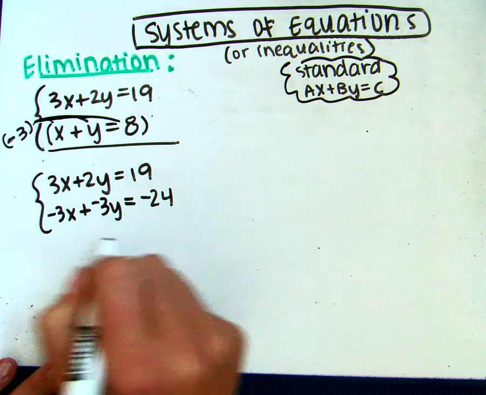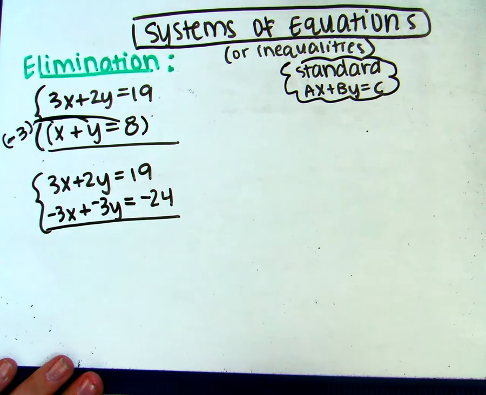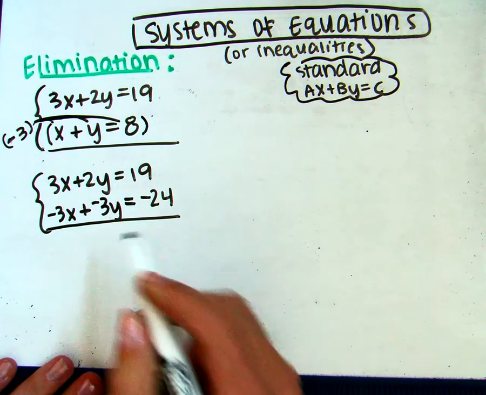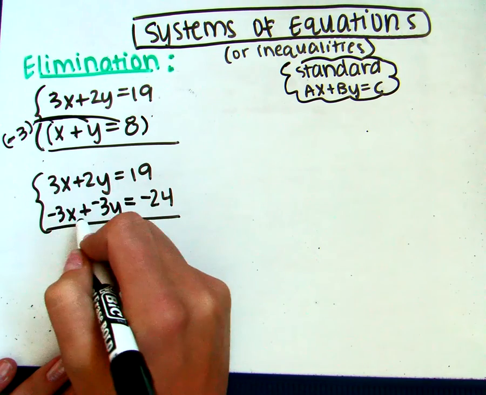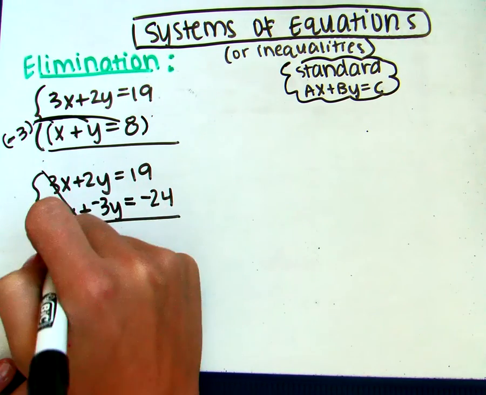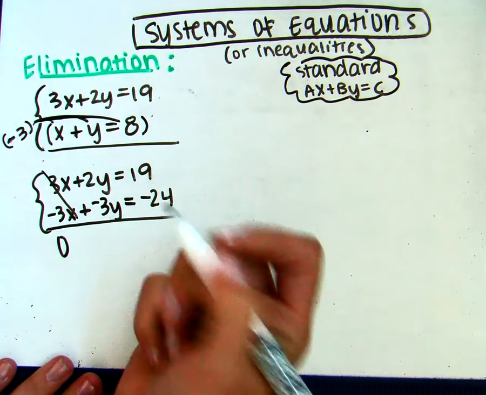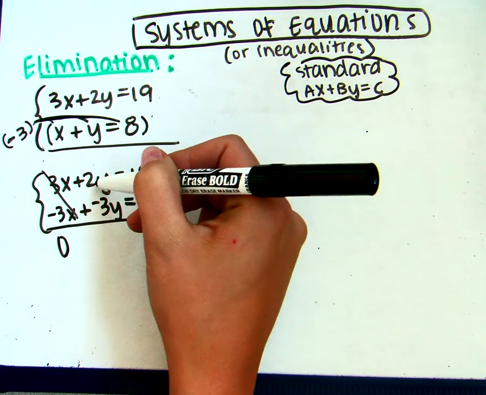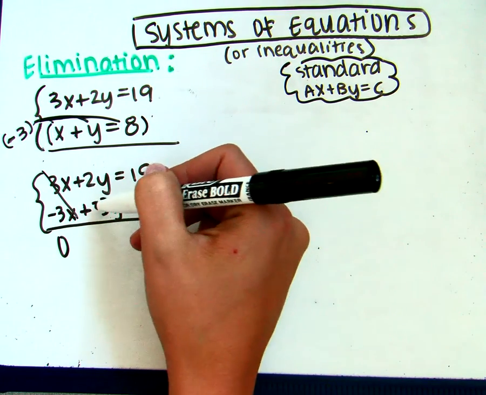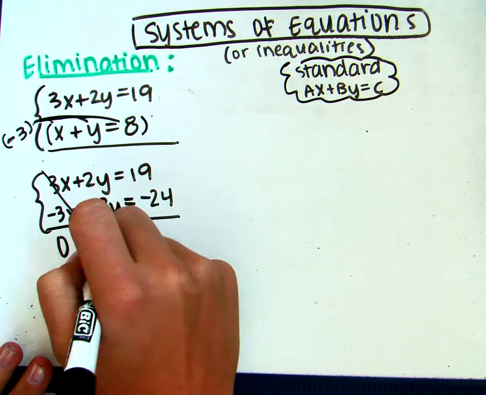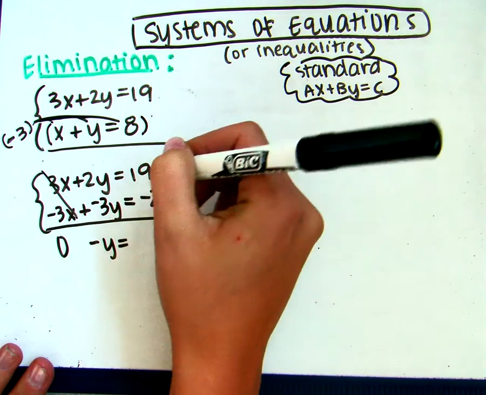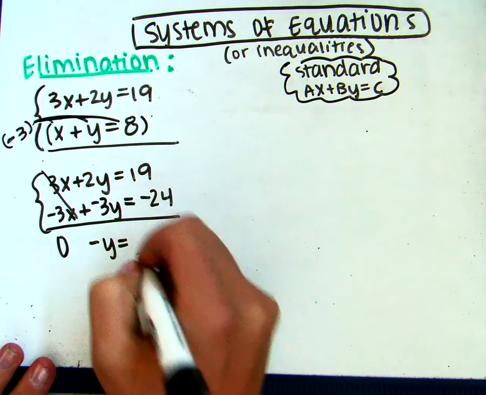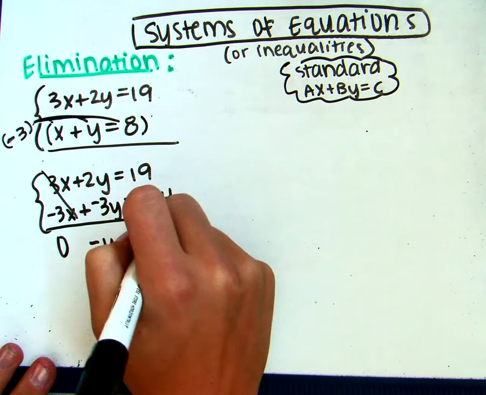Now, when we draw our line, something will eliminate. Our x's will go away because negative 3x and positive 3x cancel out and give 0. So now you line them all up, and 2y and a negative 3y is negative 1y, and then 19 and negative 24 is going to be negative 5.